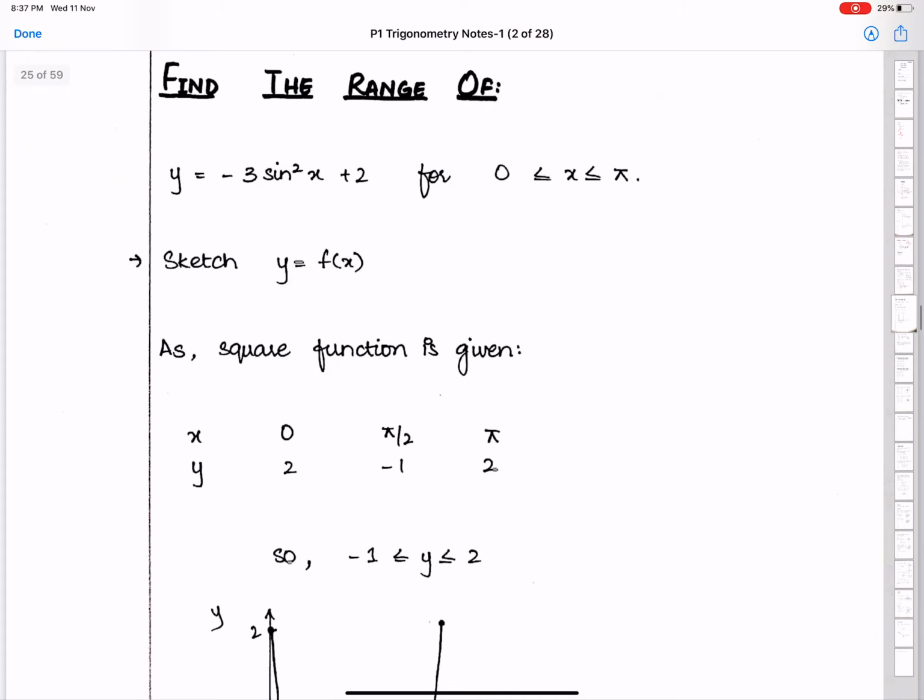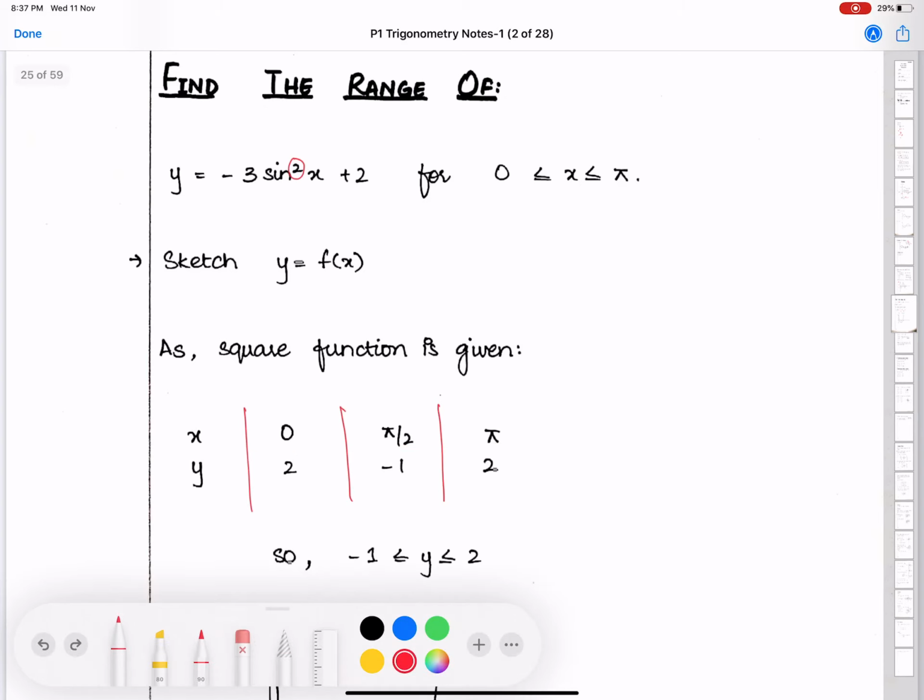Well, when we have power 2, then we always find the range. We prefer, or in fact I prefer, to find the range by making a table of the values of x and y according to the given domain. This is the table for the values of x and y.